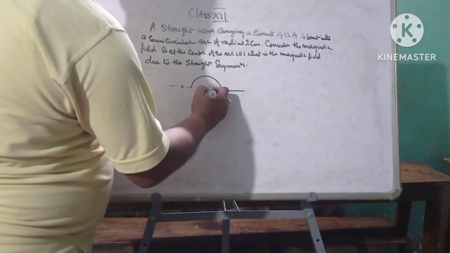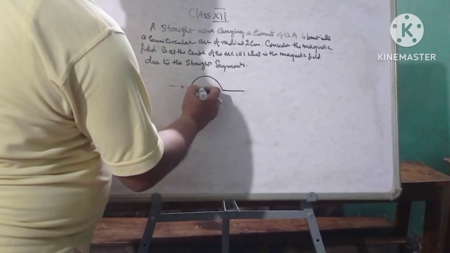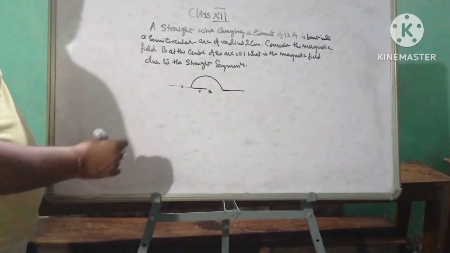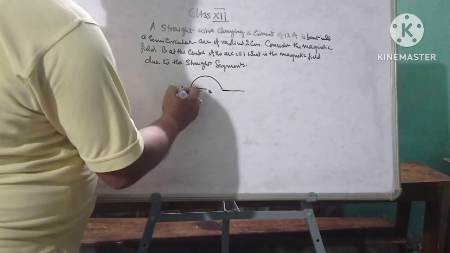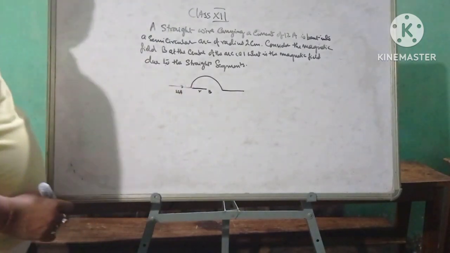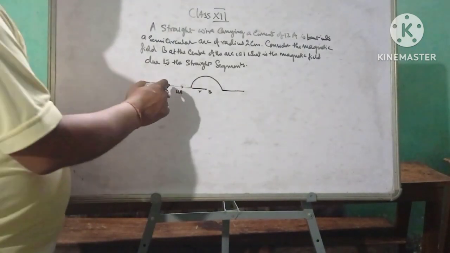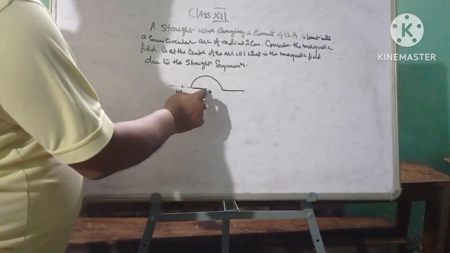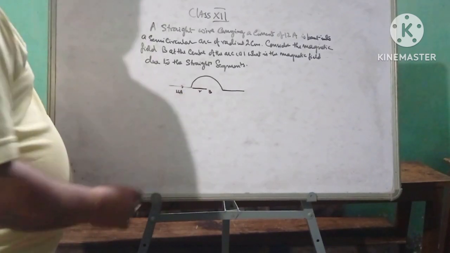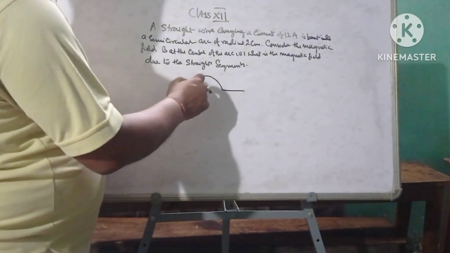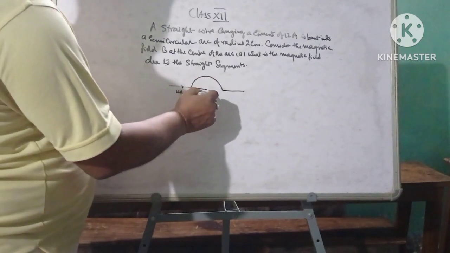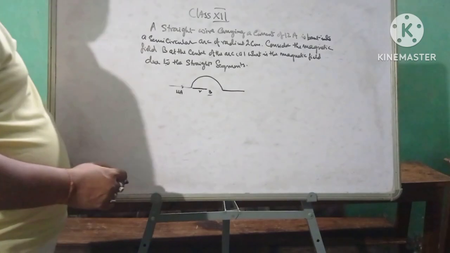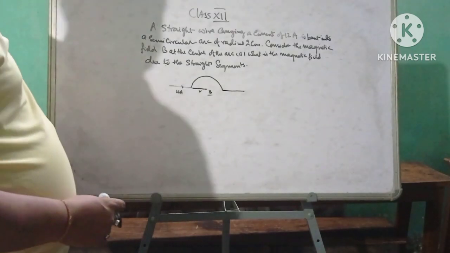At the center is B, and this is your radius R. This 12 ampere current is flowing through it.